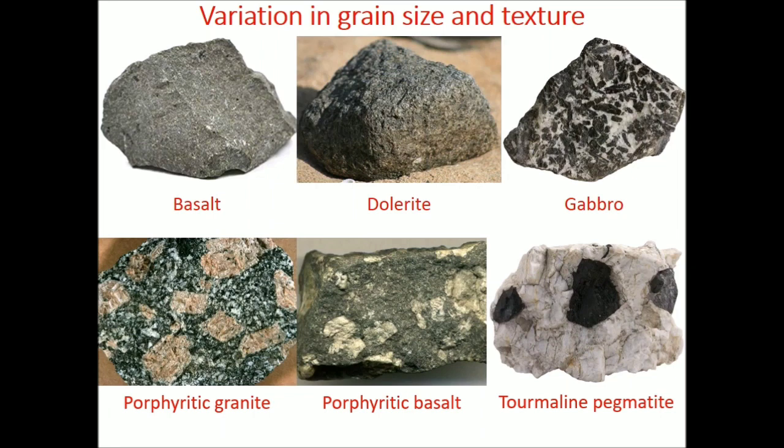And tourmaline rich pegmatite. The black mineral is tourmaline, triangular in cross section, and striations are present in general. It is found in granite as an accessory mineral, or in pegmatite. It is very common, and pegmatite is an example of a very coarse grained rock.